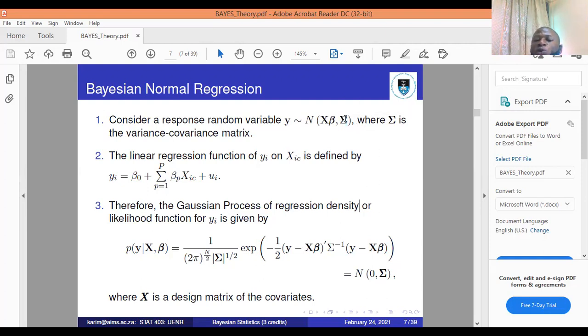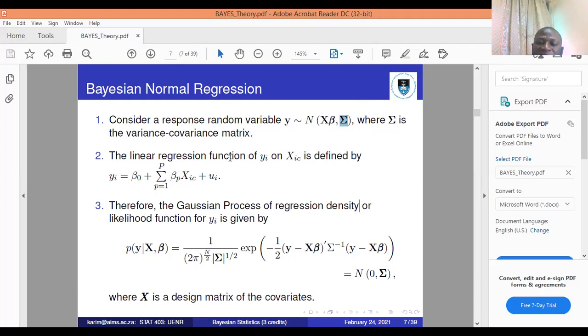It is not always the case, though. When there is correlation in your data, the off-diagonals of this matrix will not be zero. They will have values because there is correlation. However, if there is no correlation, the upper and lower off-diagonals of this matrix will be zero. It is only the diagonal that will have the variances in there.